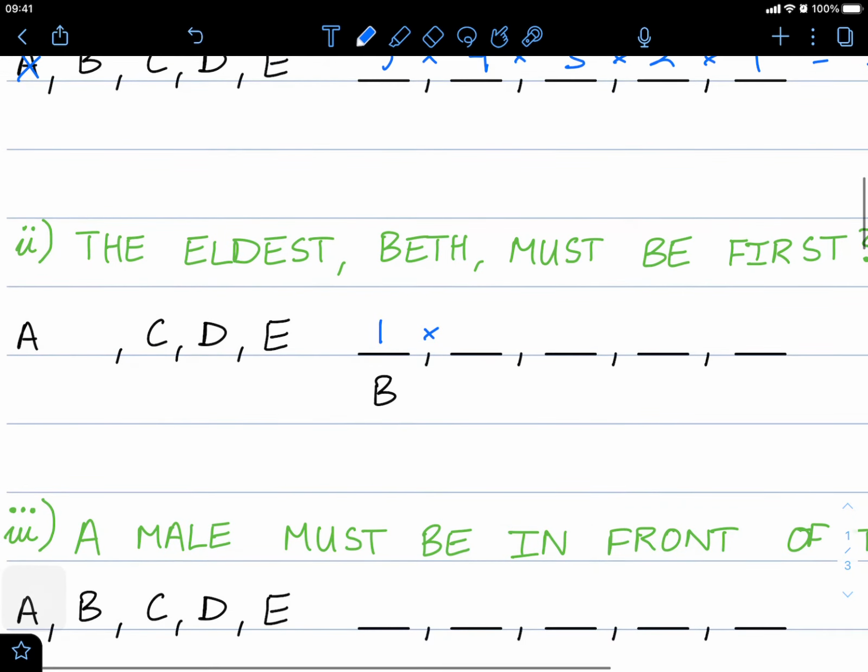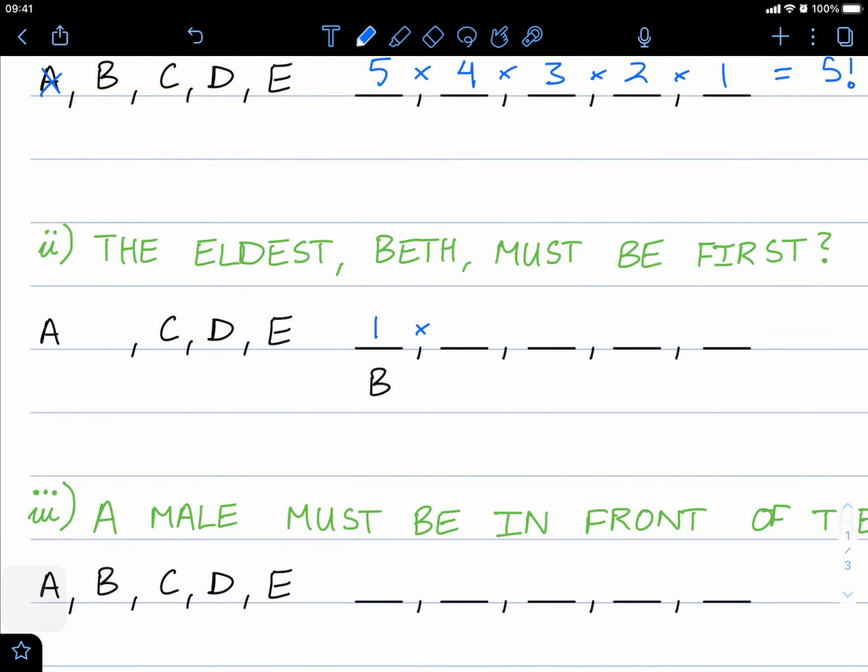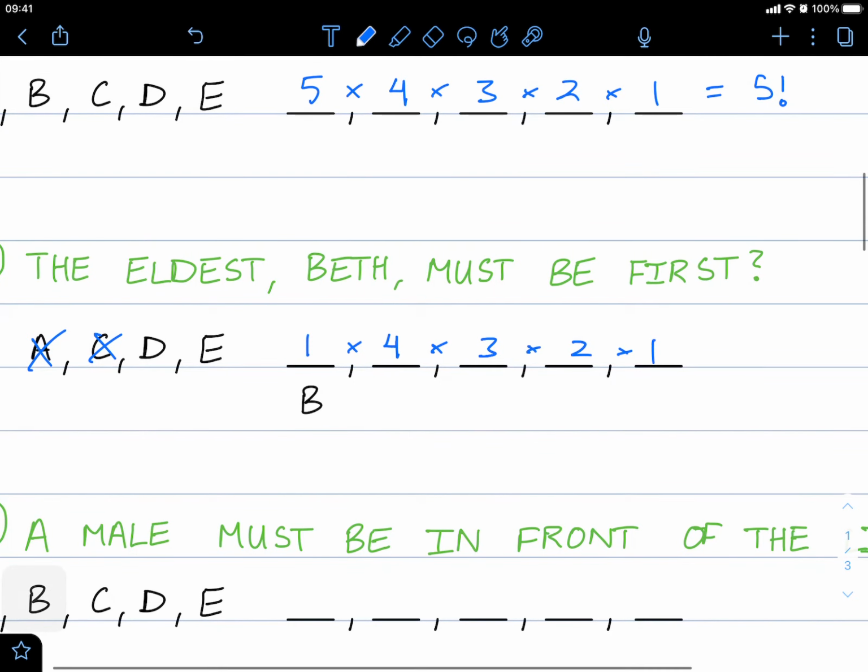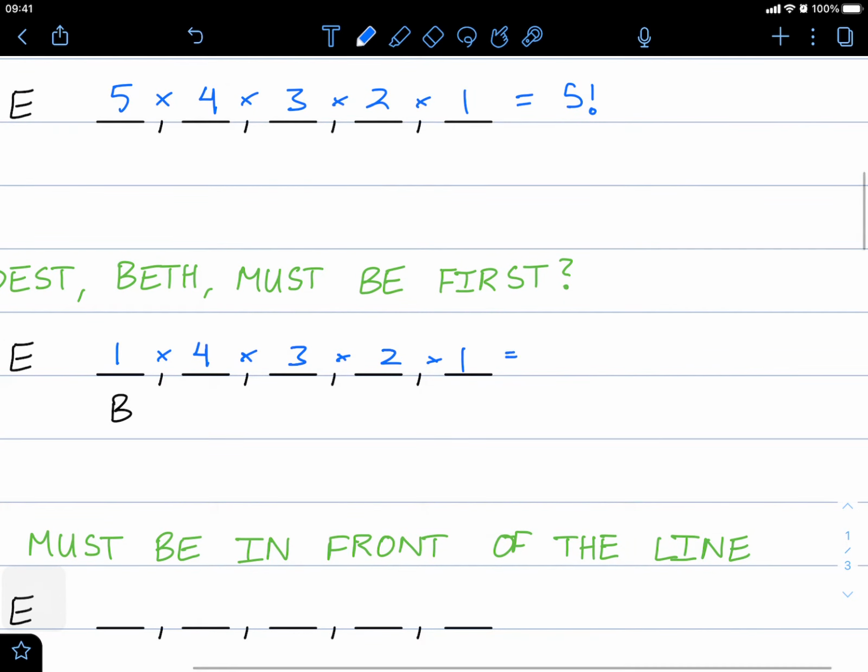Well, how many people are left for the remainder? Well, in second place, we have 4 people to choose from. There's 4. And then there's 3. And then there's 2, and then 1. So in total for this one, that's 1, for Beth being in the front, times 4 factorial, which we can simplify as just 4 factorial.